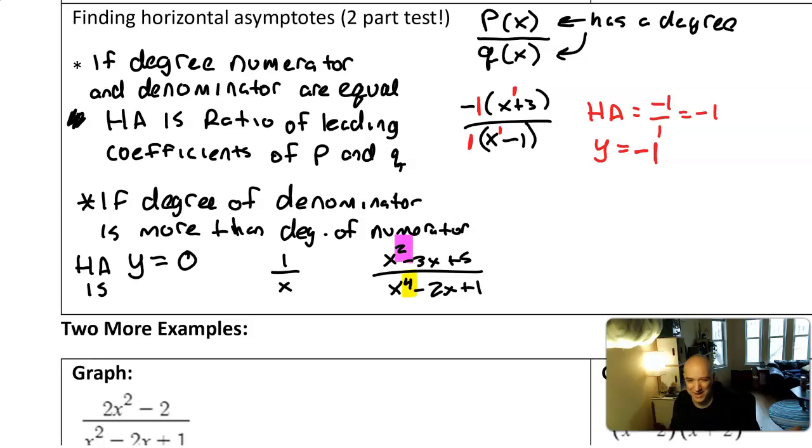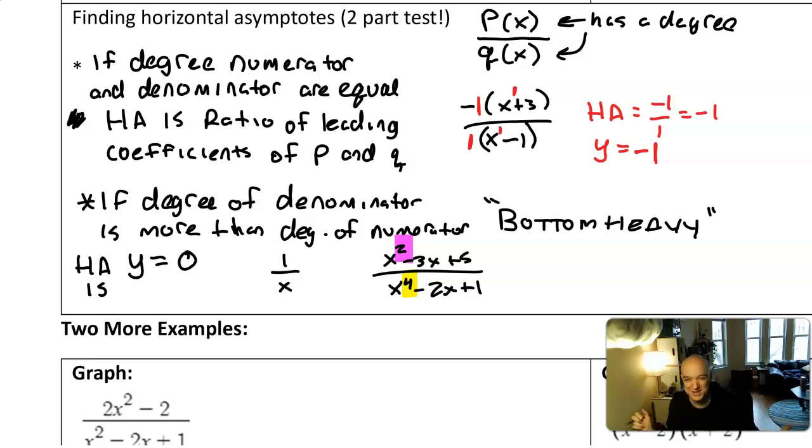So if you think about that carefully, as x gets very large, which is what these asymptotes are all about, the denominator is going to get bigger faster. And if the denominator gets bigger faster, then it's got to trend towards 0. So we call these sometimes bottom heavy functions. And that tells us when our horizontal asymptote is y equals 0.